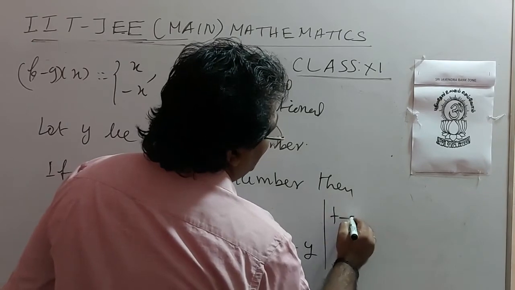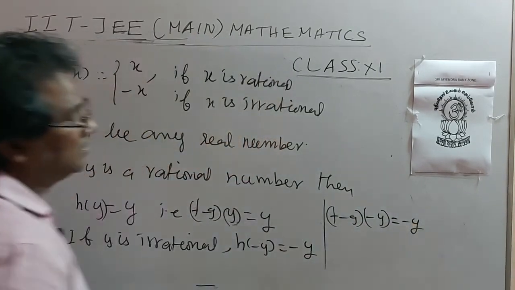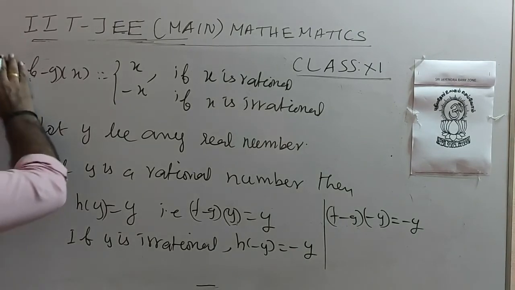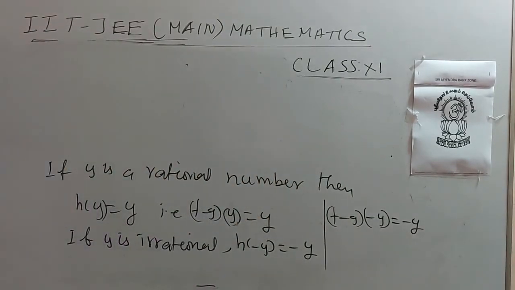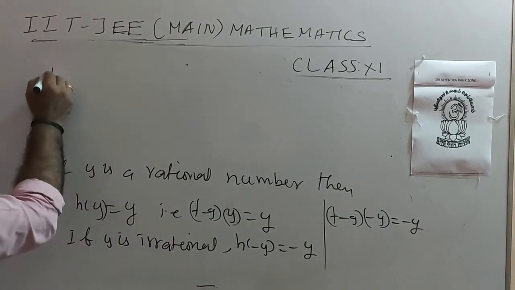That is f minus g of minus y equal to minus y. Real number means rational and irrational.